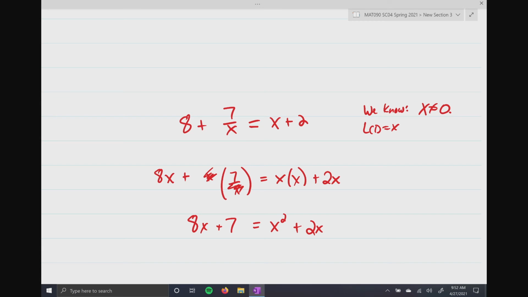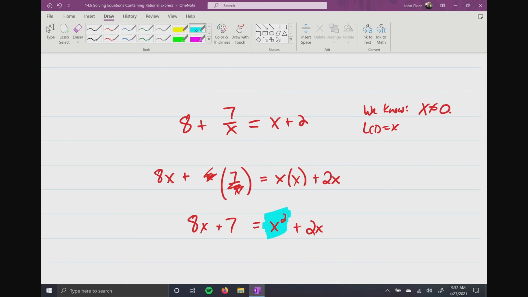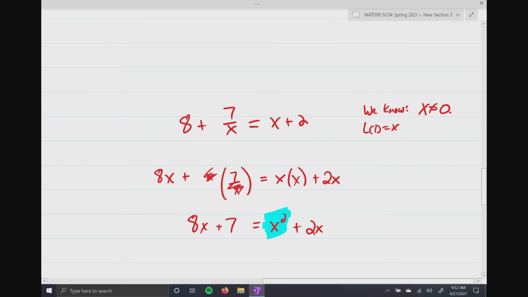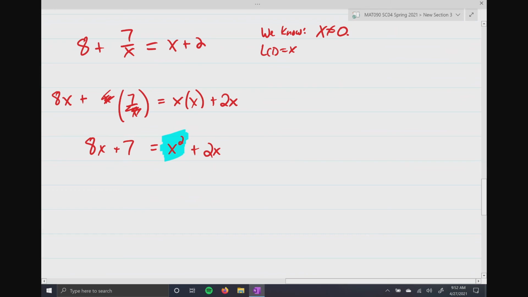X squared. Why am I so excited for that x squared, Crystal? You are absolutely correct. I think because you can factor. In other words, you've learned how to solve equations, but you've only learned 2 types of equations.